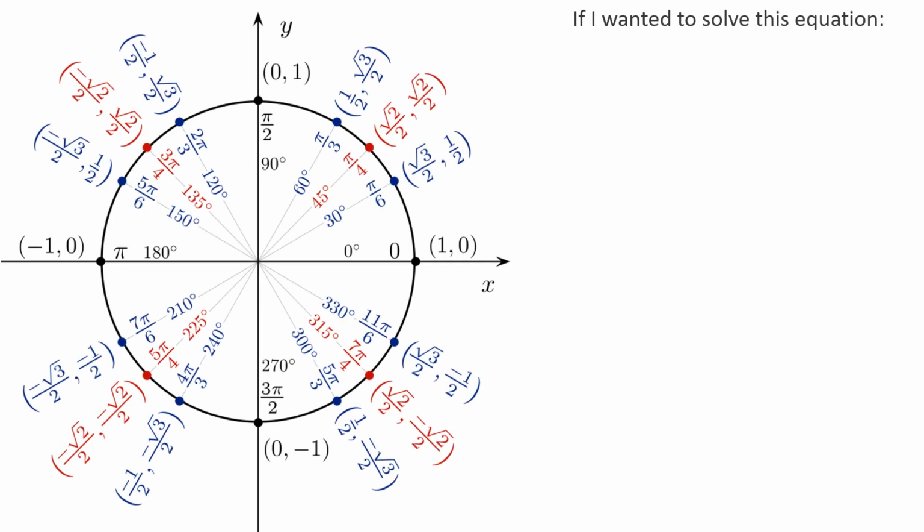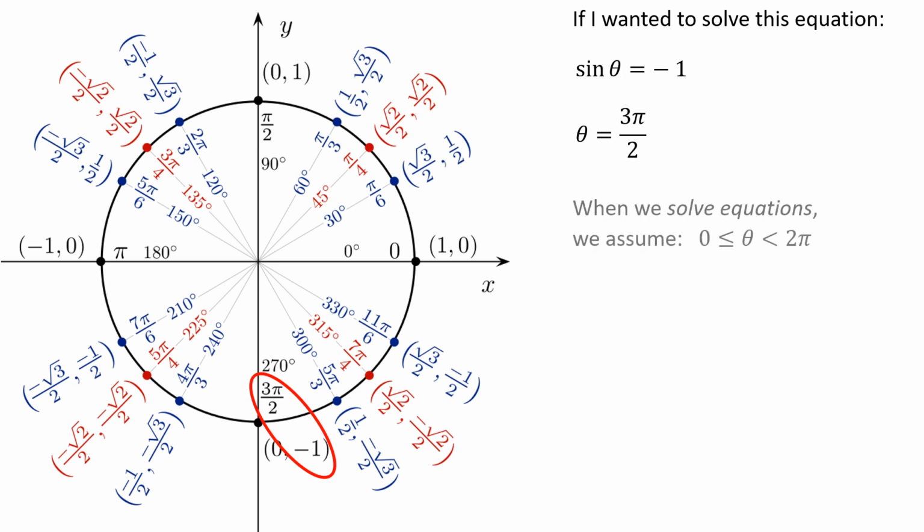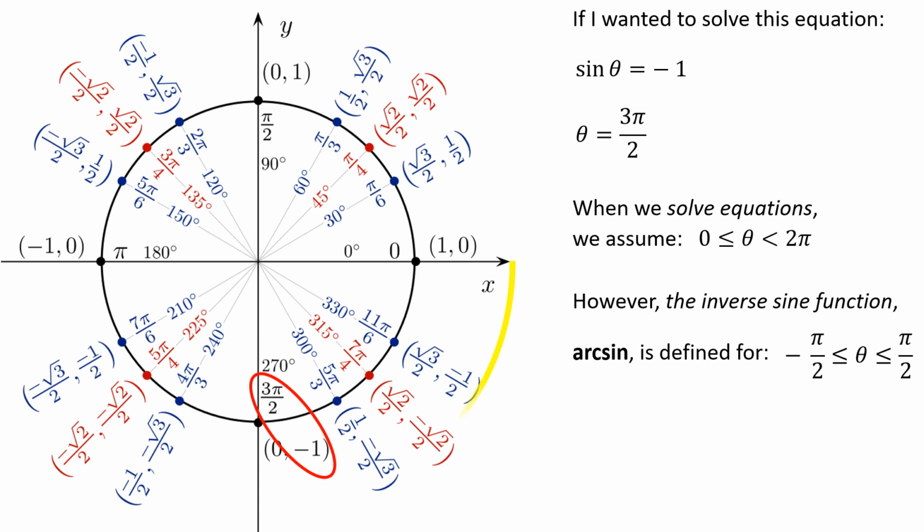Right? If I just wanted to solve an equation, let's pretend I said, hey, sine of theta equals negative 1. You're like, well, gee, that happens at 3 pi over 2. Theta must be 3 pi over 2. Because when we're solving that type of equation, we assume theta is somewhere between 0 and 2 pi. The issue is the arc sine function has a domain of negative pi over 2 to pi over 2.